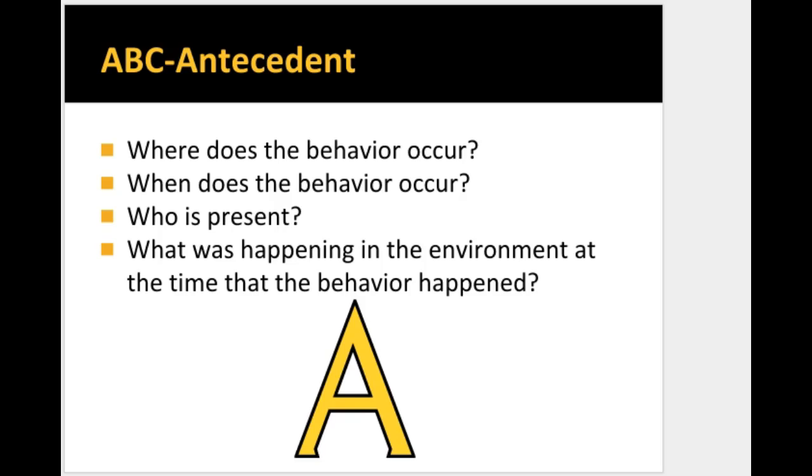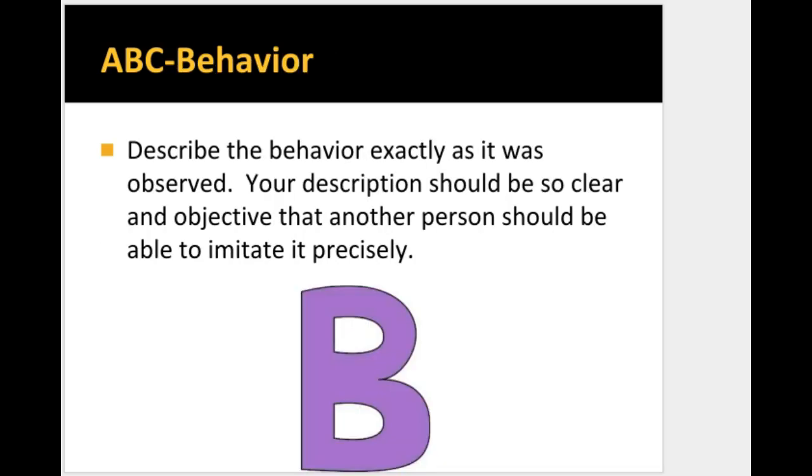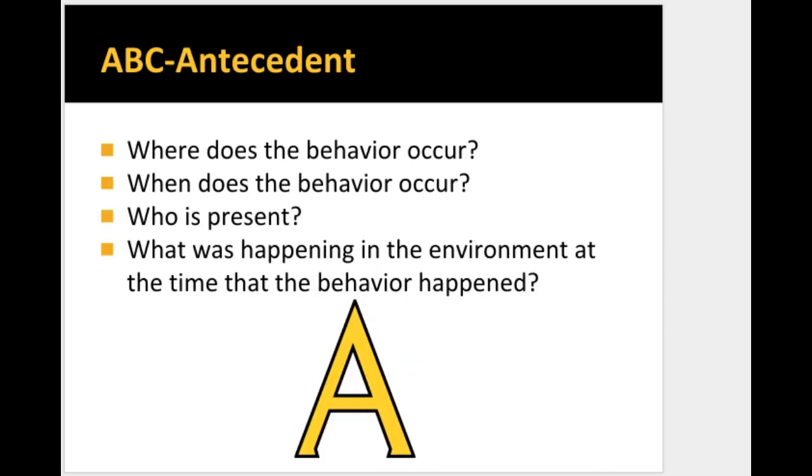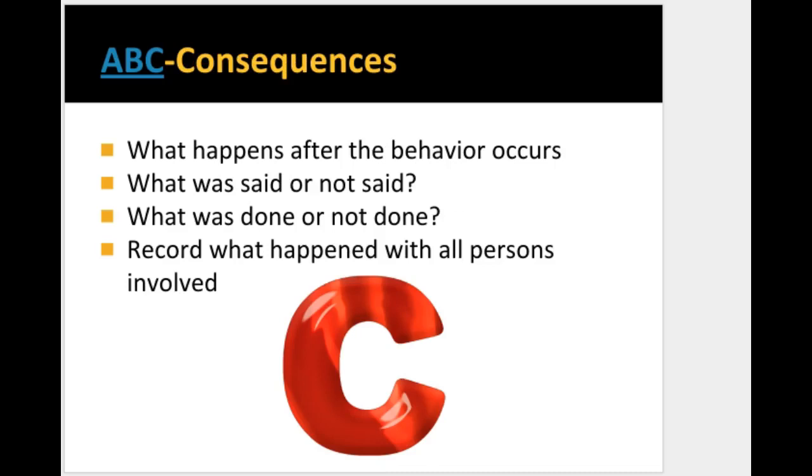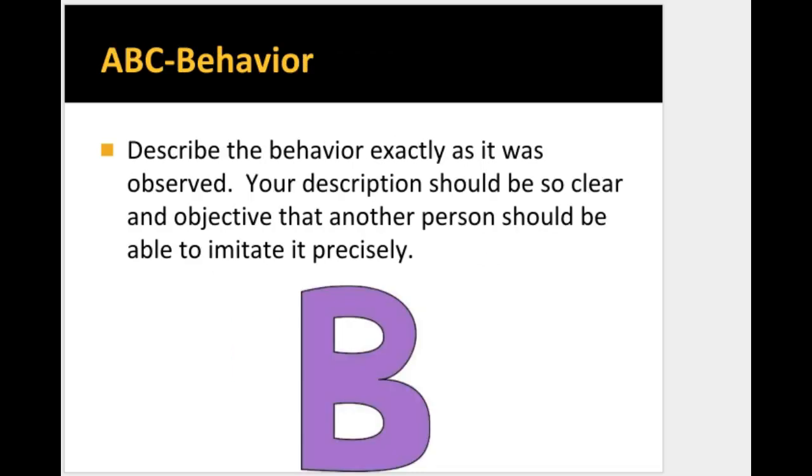So we look at those ABCs. When I start with an ABC analysis, however, I start with the B. I describe the behavior, and then I look backwards and try to say what happened before the behavior that I saw, and then I look at what happened after. When you describe the behavior, be objective.